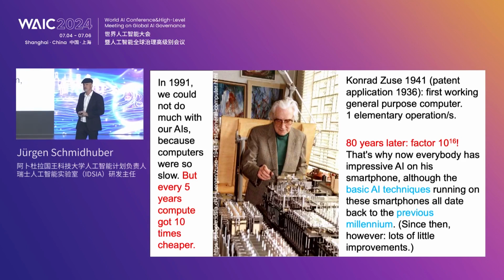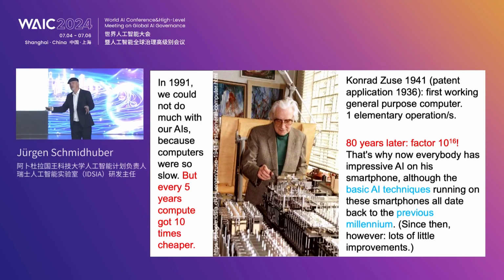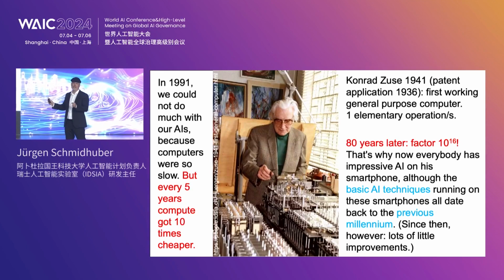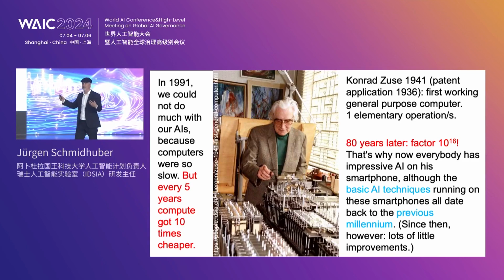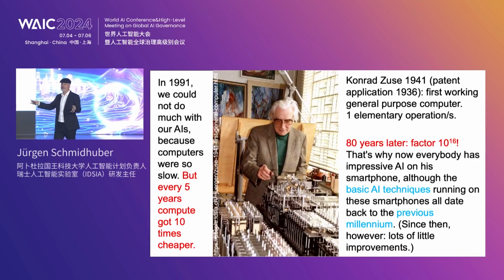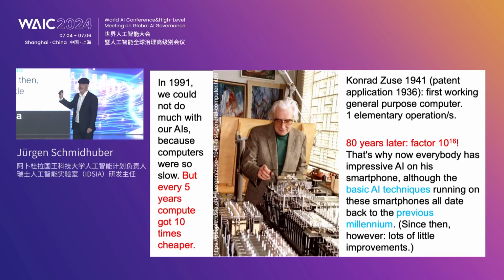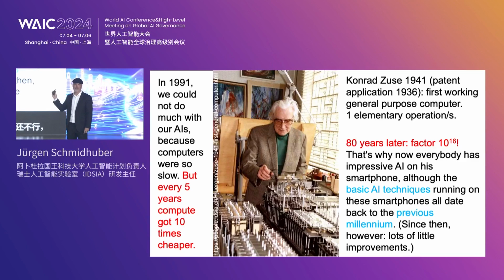The first program-controlled computer could do roughly 1 operation per second, 1. And then, 10 years later, you could do 1 million operations for the same price. And when I did my diploma thesis on AGI in 1987, we already had a factor of 1 billion. We could do 1 billion instructions for the same price. And soon, not yet, but soon, we will be able to do 1 billion instructions for the same price per second.